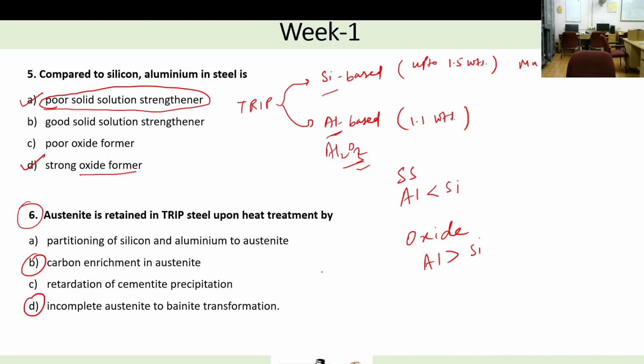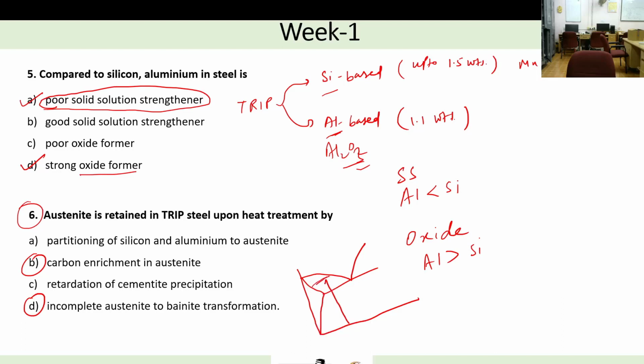The heat treatment will be in the two-phase region. Let's say this is, sorry, I will redraw it. This is a hypoeutectoid section of your steel. We heat our steel to an intercritical region, between this and this temperature, and we hold it there.